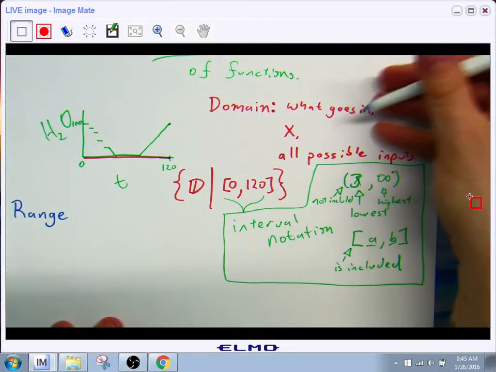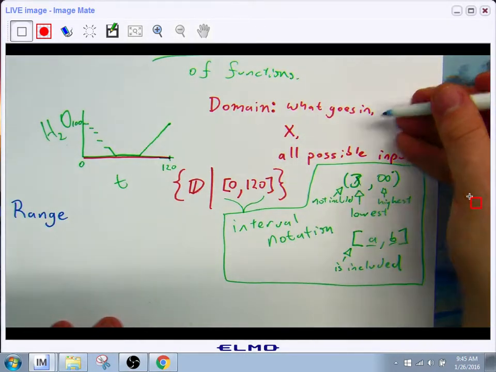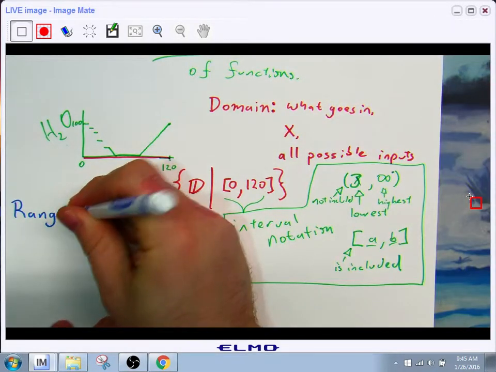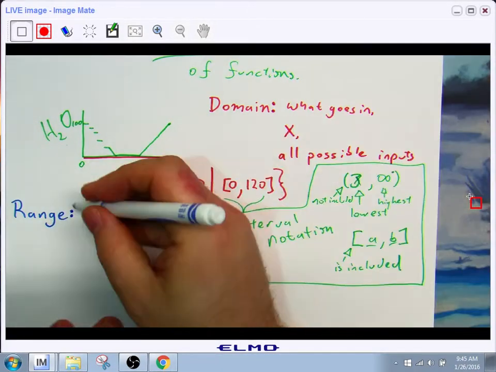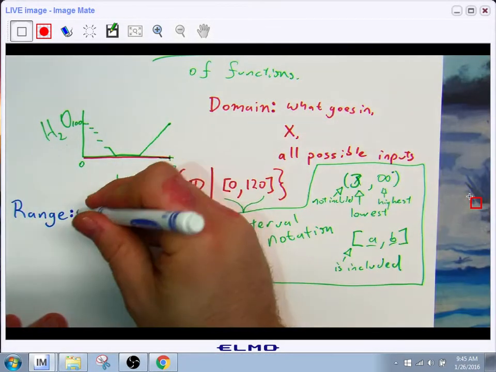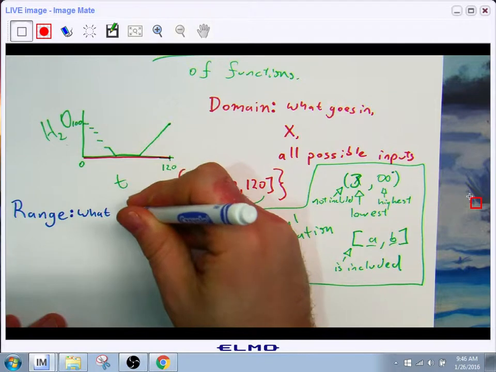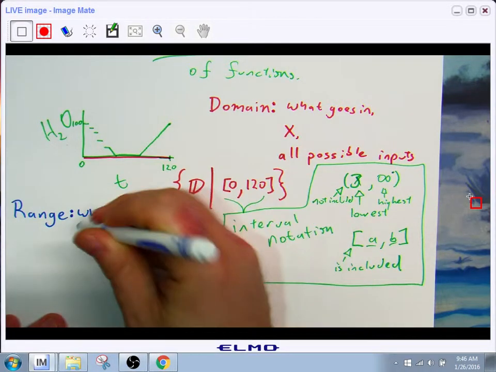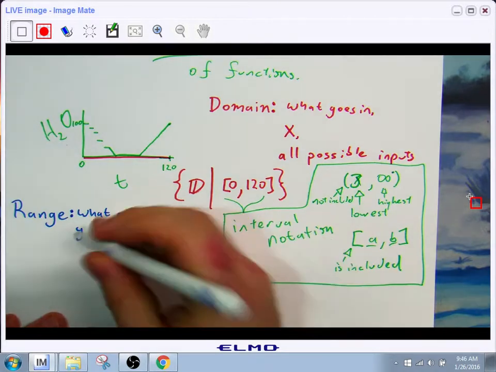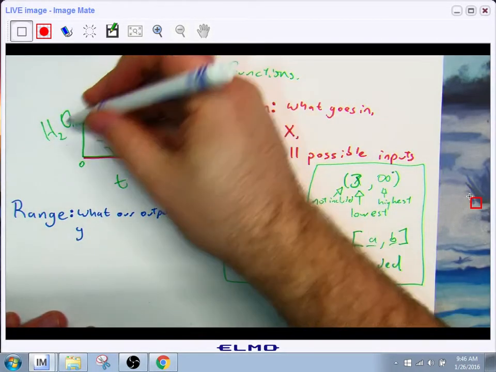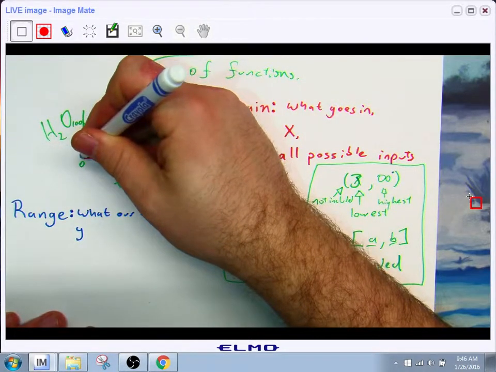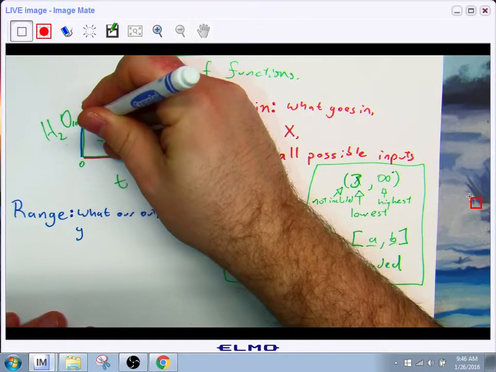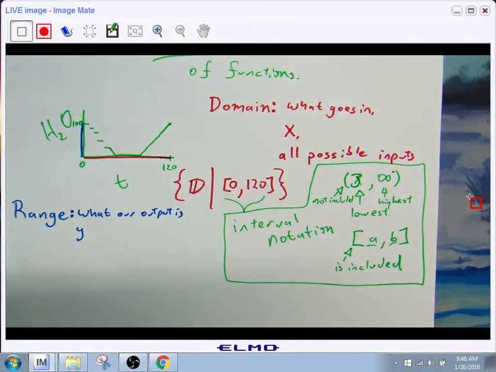So if domain is what goes in, our x and all possible inputs, our range is just the opposite of that. What our output is, or our y value. And so for this becomes what our range is, all of those numbers.